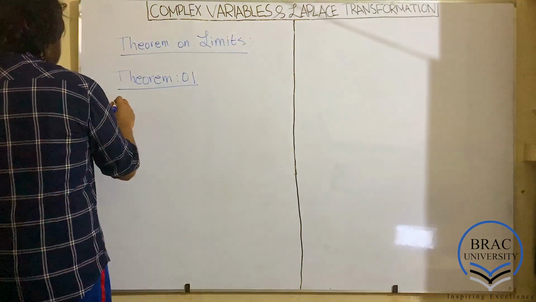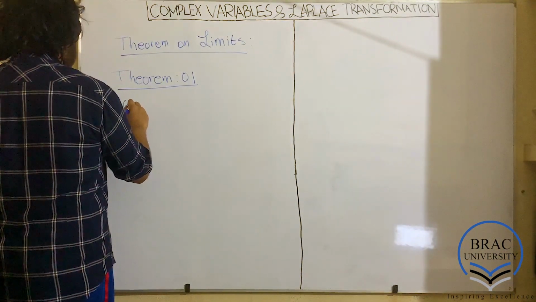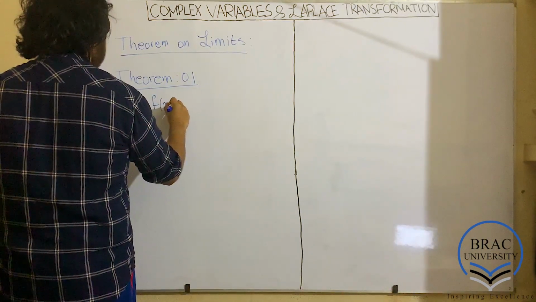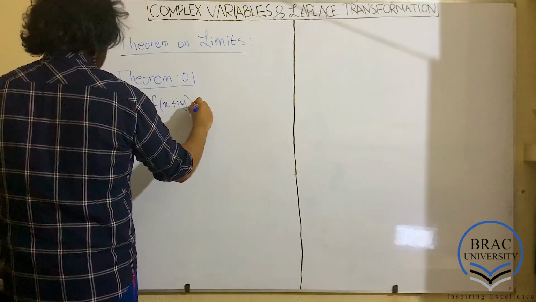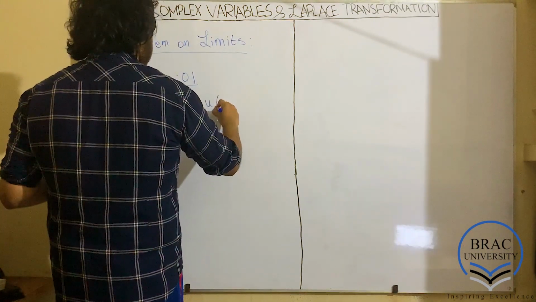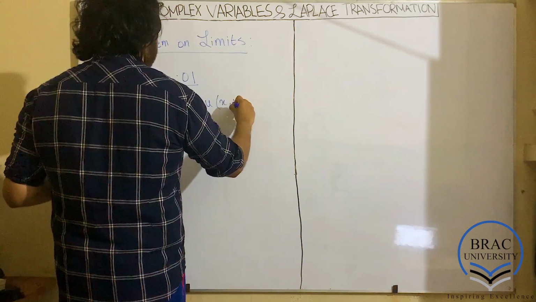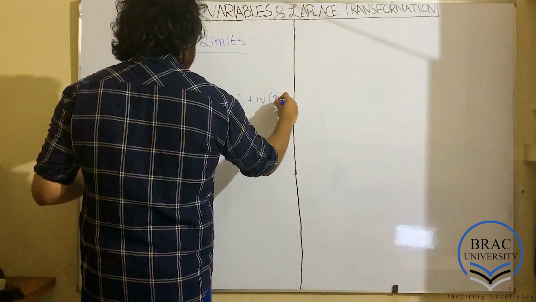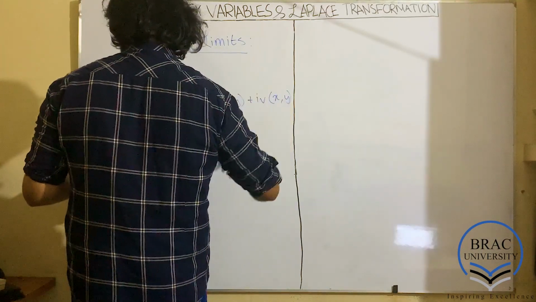Here you have f of z, where f of z is basically x plus iy, which is equal to u, which is a function of x comma y, as we've seen before, and i v, also a function of x comma y.